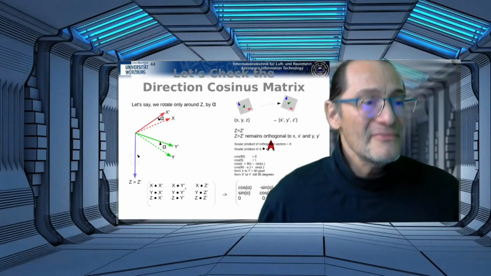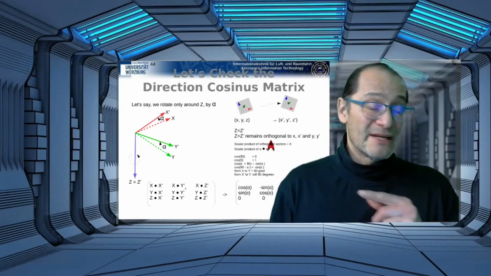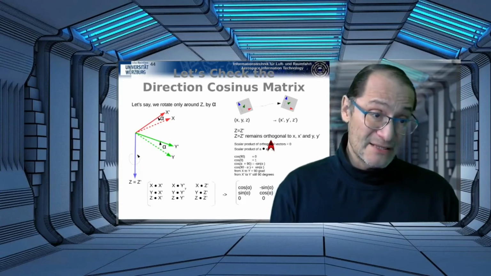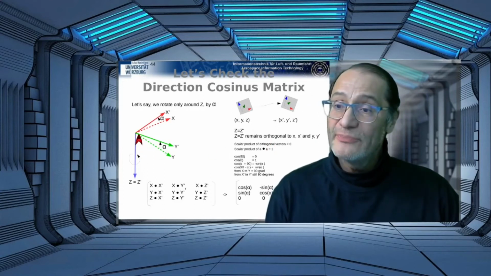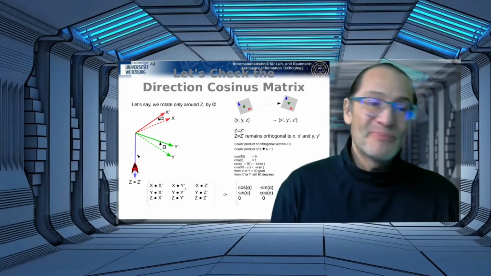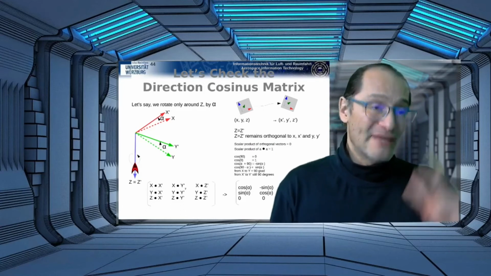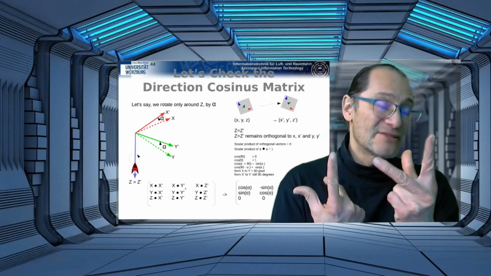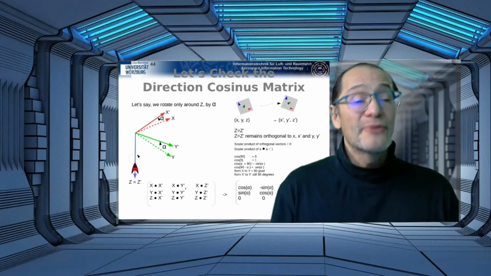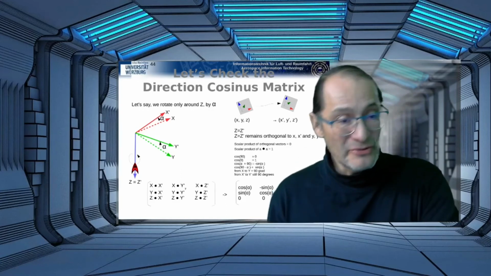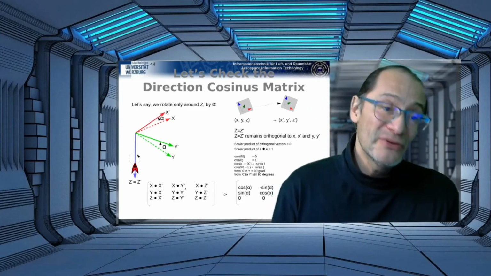Okay, and another thing, do you remember from the last lesson, we were using the direction cosinus matrix. If I have two coordinate systems, I can multiply the scalar products of the three axes of one coordinate system with the three axes of the other coordinate system, and then I'm going to get a matrix, which will be my rotor from one coordinate system to the other.